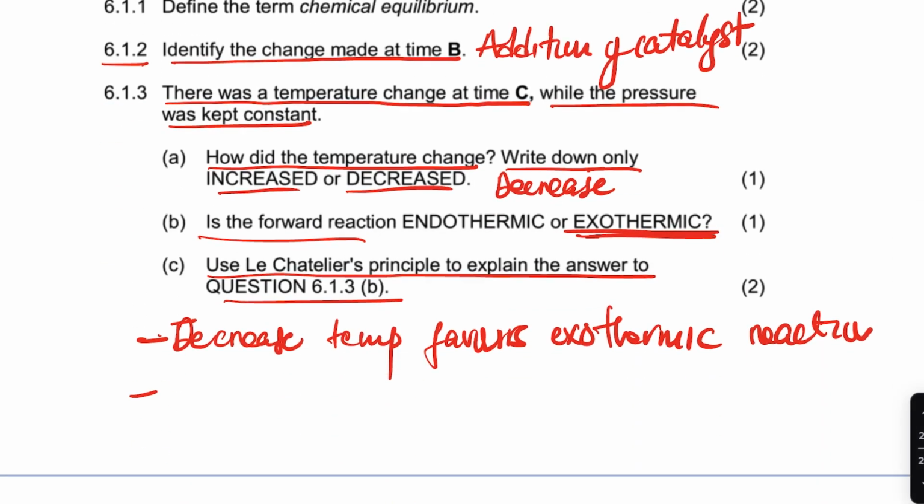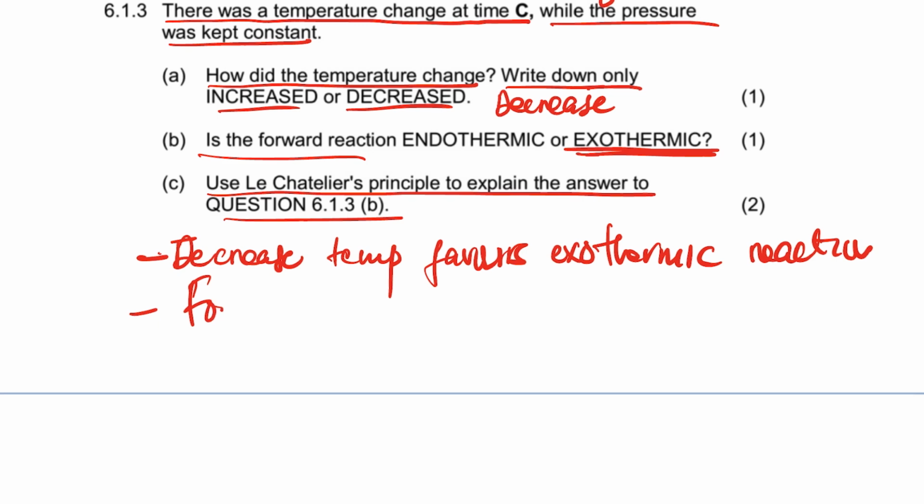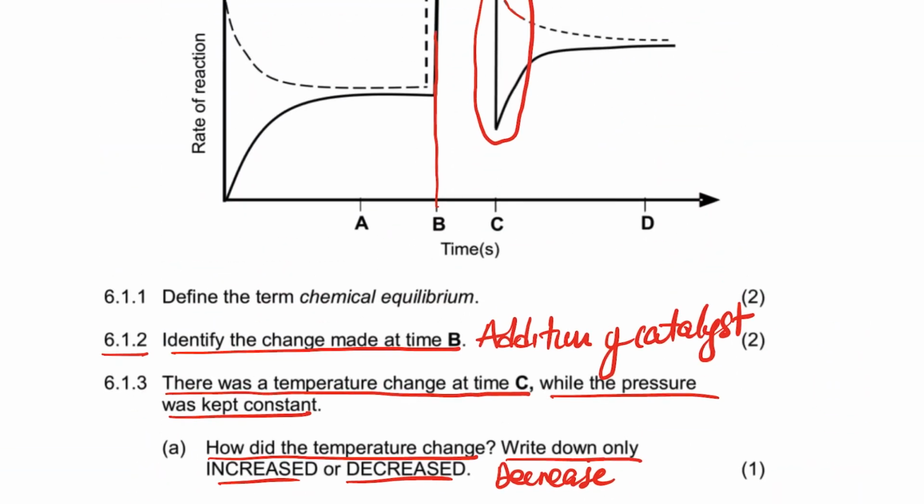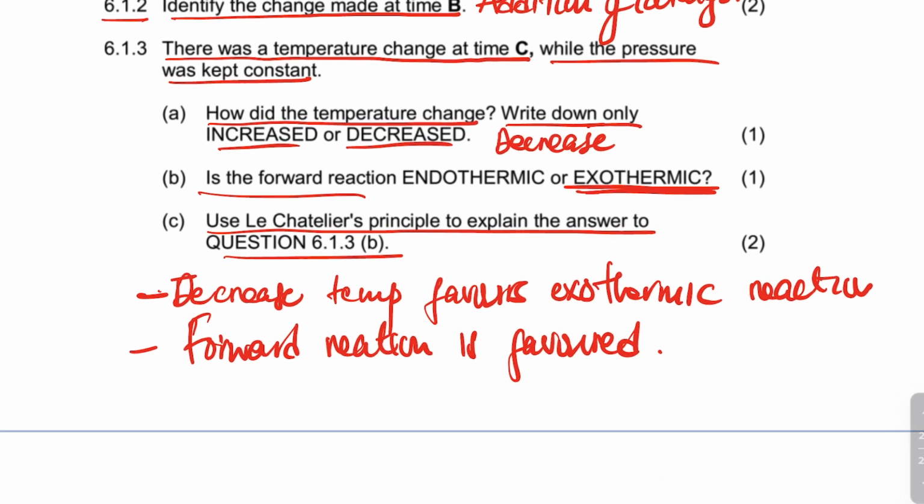It was forward. So we'll say forward reaction is favored, right? Or you can say the rate of forward reaction decreases less, as I've mentioned, the rate of forward reaction decreases less than the rate of what? Reverse. By saying that, you mean that it is favored, right?